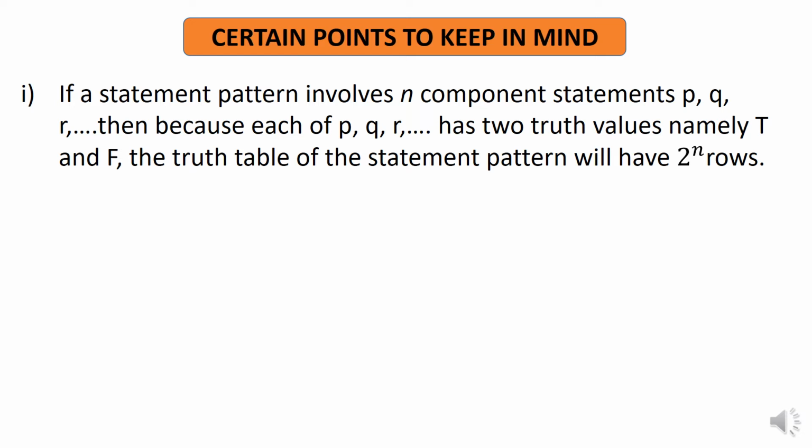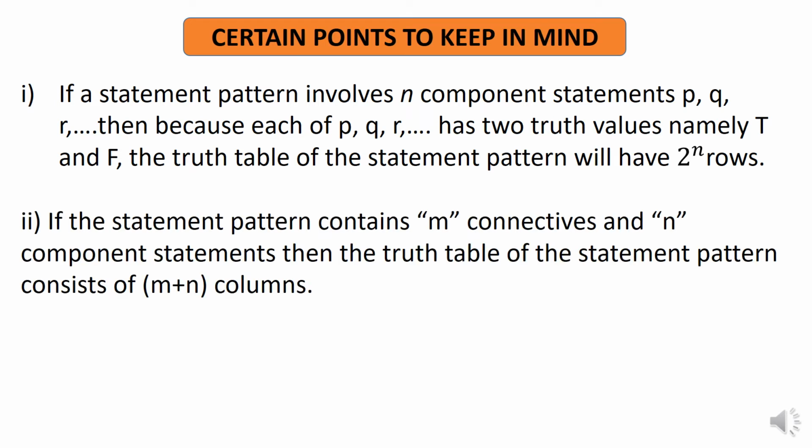For example, in a statement pattern, suppose the component statements are P and Q, then n is equal to 2, so the number of rows would be 2 raised to 2, that is 2 square, that is 4 rows. On the other hand, if a statement pattern has P, Q, R as the component statements, then it will have 2 raised to 3, that is 8 rows.